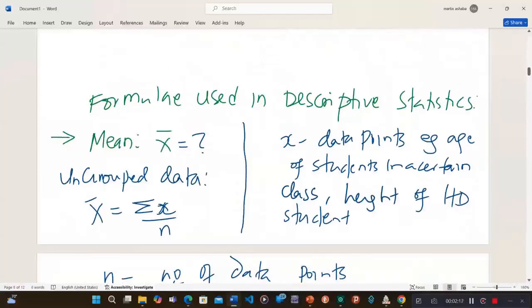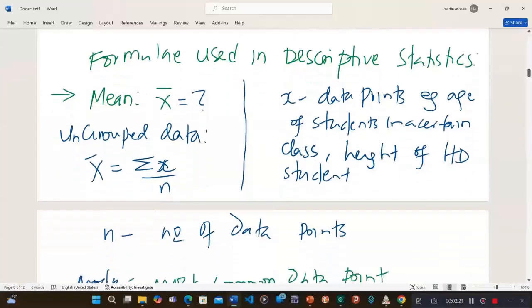Now, the formula used in descriptive statistics, we are going to begin with ungrouped data. So what is mean for ungrouped data? It is equal to sum of x, which are the data points, divided by the number of the data points. We are saying x represents the data points, and this can be the age of students in a certain class.